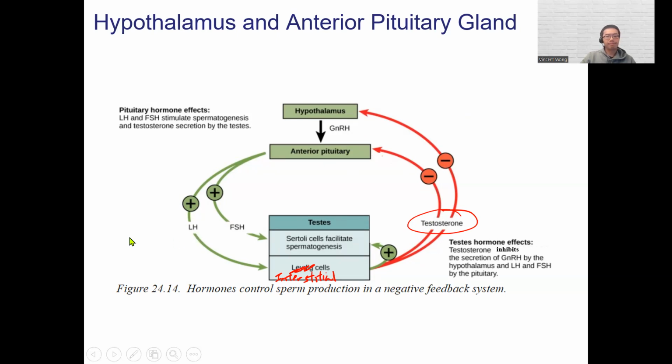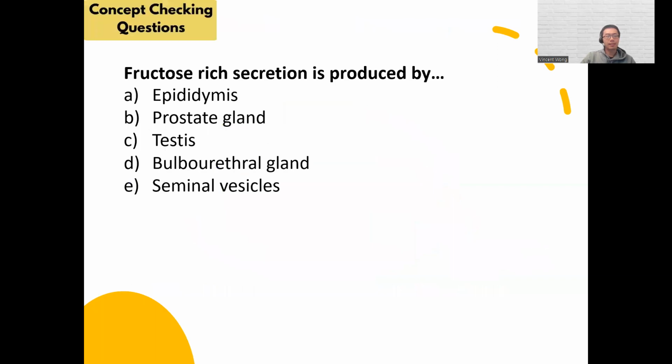And that's it. That's the end of the lecture. Isn't it great? Let's go through these PowerPoints, these poll questions very quickly. Fructose-rich secretion is produced by which one? Where's the poll?